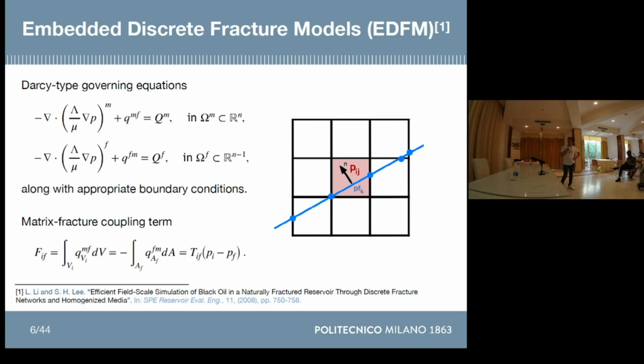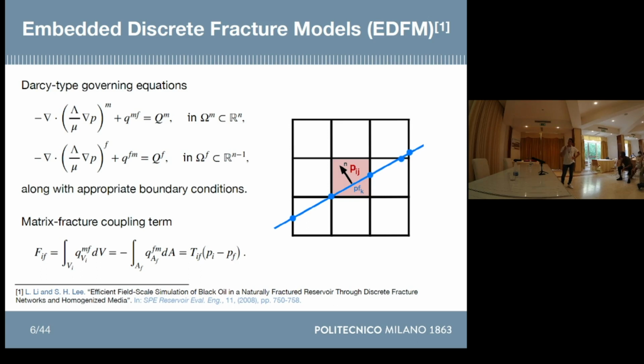These equations are linear elliptic equations in the pressure P, where capital lambda is the permeability tensor, mu is the dynamic viscosity, and the uppercase Q_M and Q_F are two generic source terms in matrix and fracture, and the lowercase q_MF and q_FM are coupling terms that give us the idea of the matrix-fracture flow exchange. Obviously, this system must be supplemented with appropriate boundary conditions.